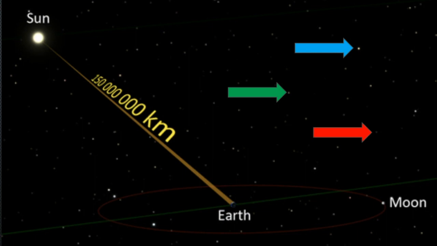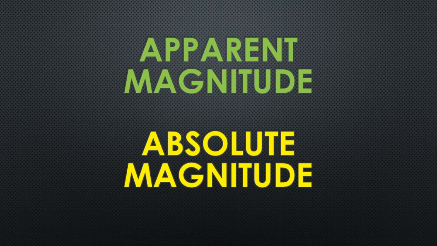It's tough to judge the actual brightness because those stars are not equidistant, or not the same distance, from us on Earth. We can see that the blue star appears brighter, but we don't know if it's actually brighter or produces more energy. To solve this problem, scientists came up with 2 concepts that are related: apparent magnitude and absolute magnitude.